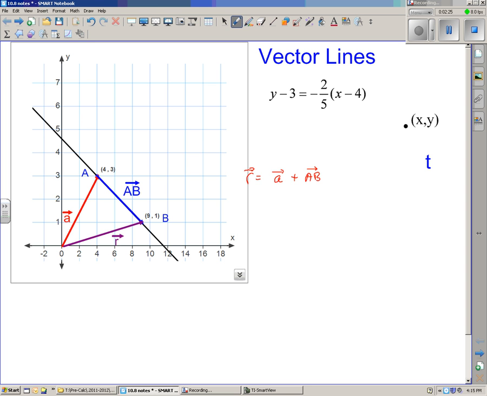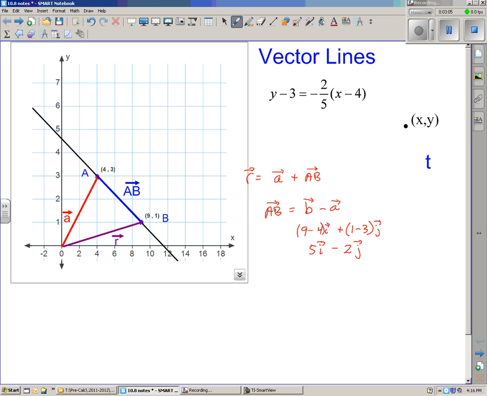Well, we know how to find all that stuff. Vector AB is the displacement vector from point A to point B, which is vector B minus vector A. And we find that by doing 9 minus 4 i plus 1 minus 3 j, which is 5i minus 2j.